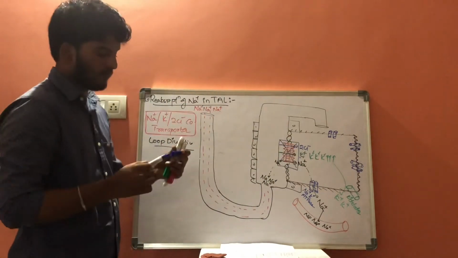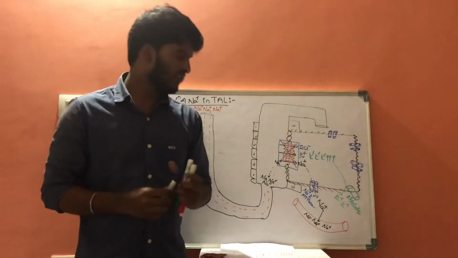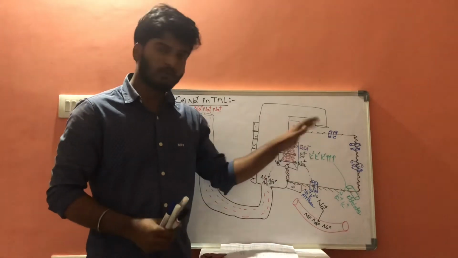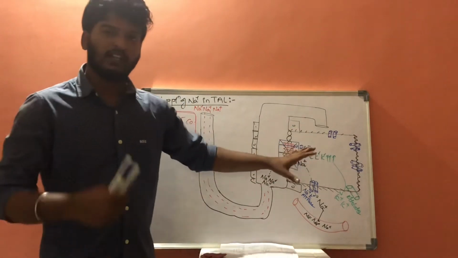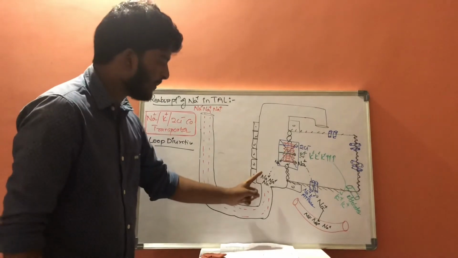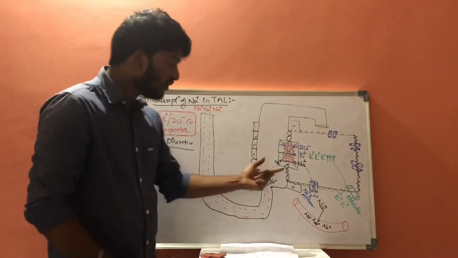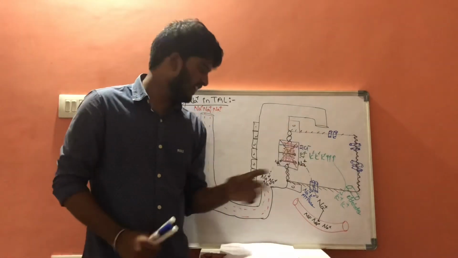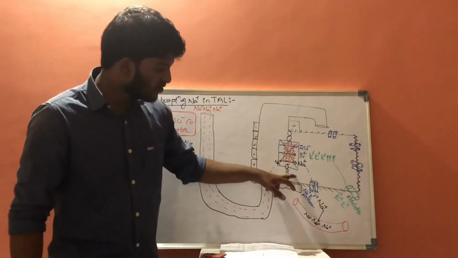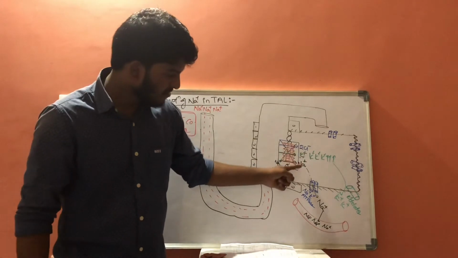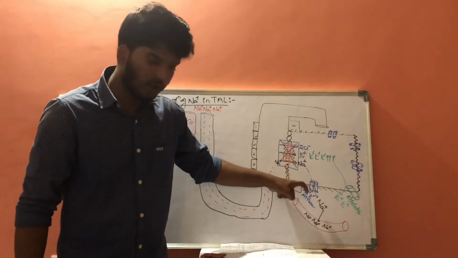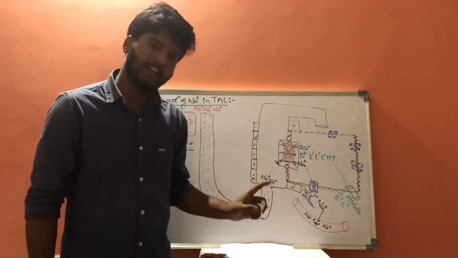Because of the blockage of this co-transporter, the sodium ions cannot enter the cell. If the sodium ions cannot enter the cell, this sodium cannot go out through the sodium potassium ATPases.